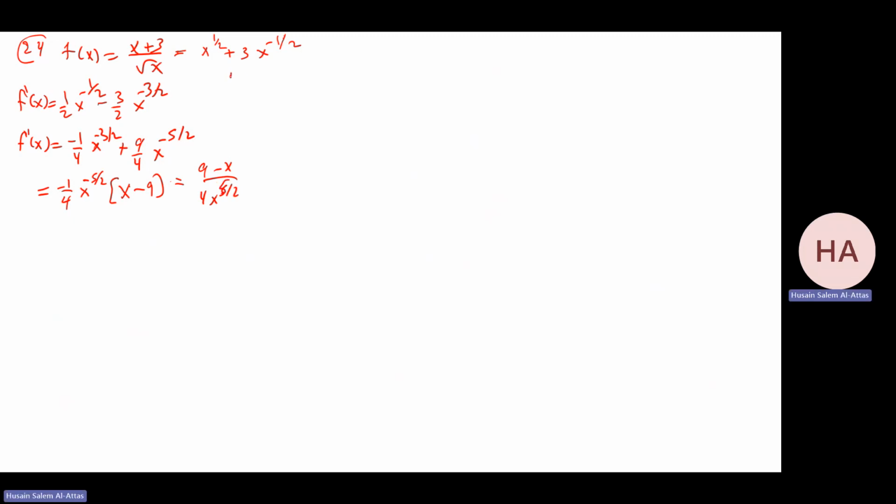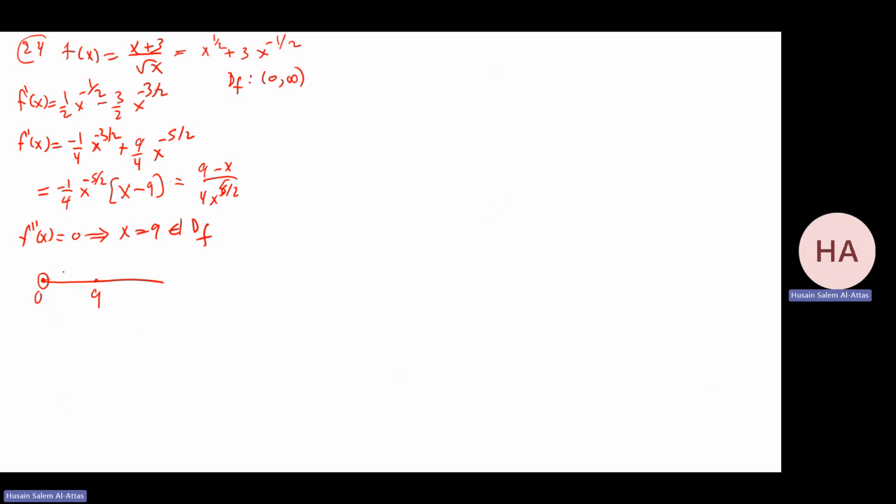By the way, what's the domain of the function? From 0 to infinity, 0 open. So f double prime equals 0 implies x equals 9, which belongs to the domain of f. So I have nothing to worry about. So plug it in. I have 9, and this is from 0, by the way, 0 open. Take a value between 0 and 9, take 8.